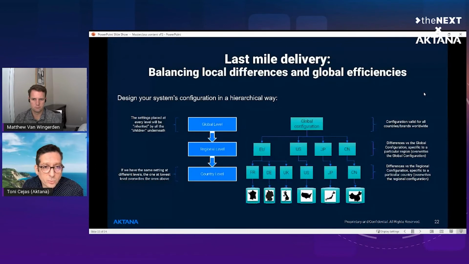All the other countries would still inherit the standard scenario where these interactions are not limited, but the UK would have a different case. With this kind of system, we can combine global efficiency with implementing the differences, wherever they are in your data landscape. And that's it from me.